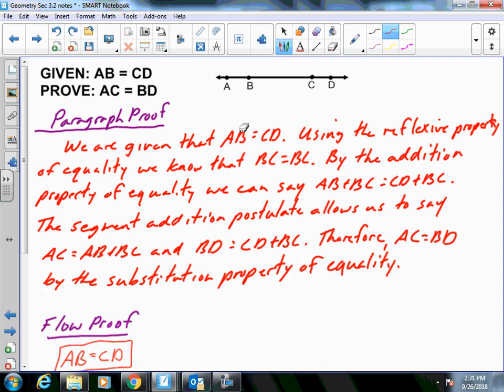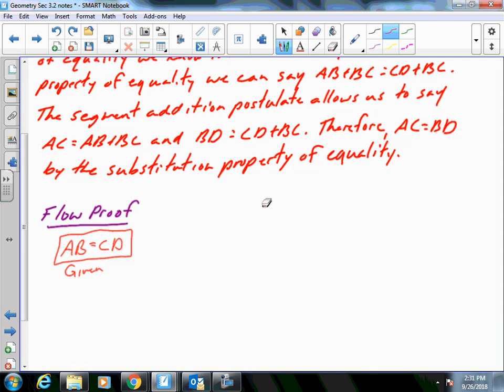So it's not coming from the given, so it's not going to be connected to that box with an arrow. We're just going to draw a new box for BC equals BC. Write the reason, the reflexive property of equality.